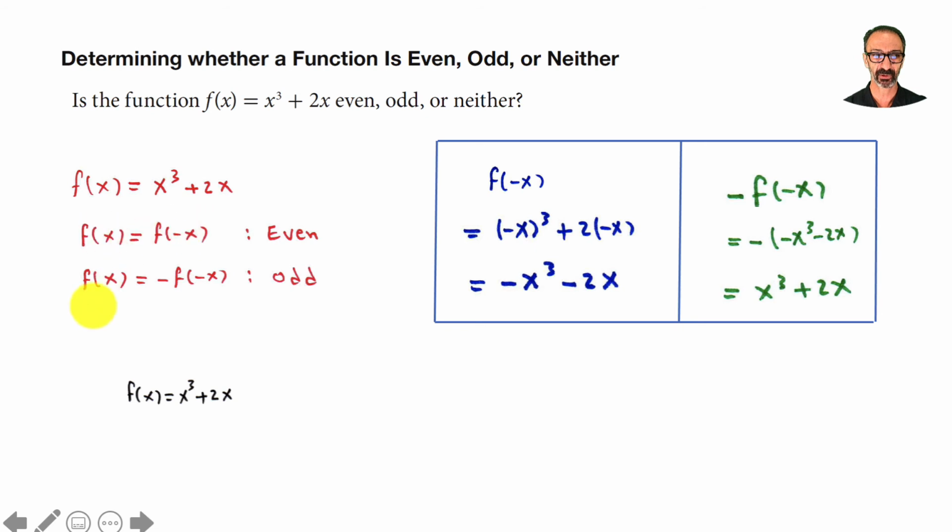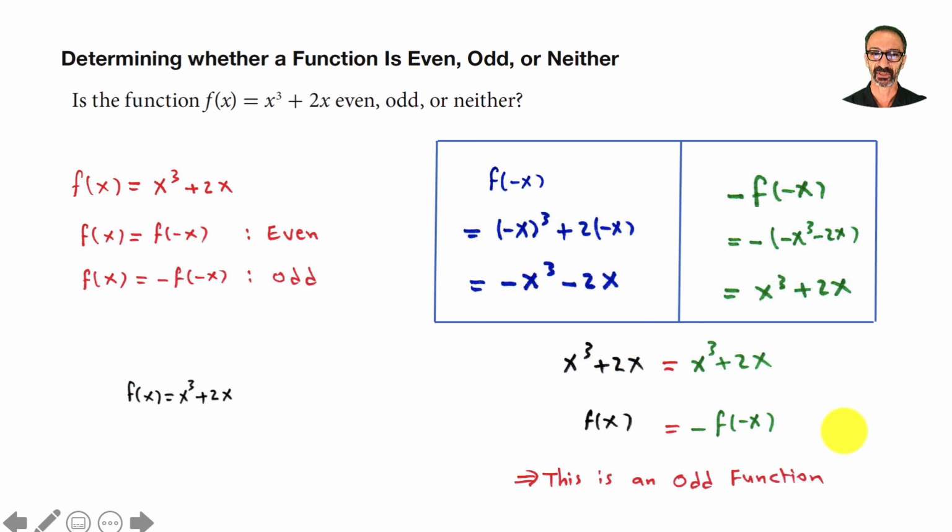Are these equal or these are equal? Well, I have x cubed plus 2x and I have x cubed plus 2x. I think these are equal, which means the black one and the green one, looking at the colors, are equal. But that is f of x, and that is the opposite of f of negative x, meaning this is an odd function.